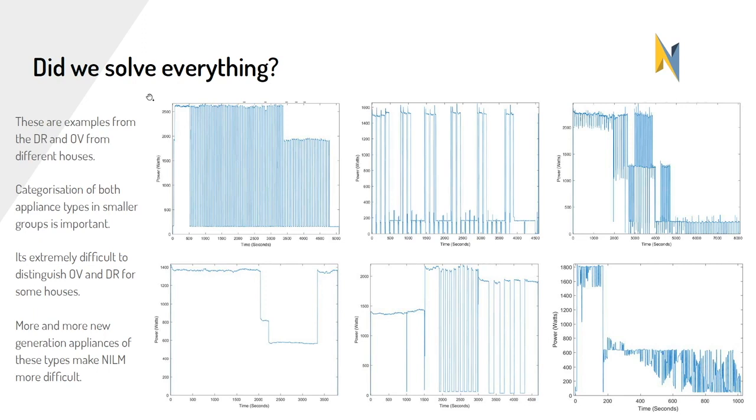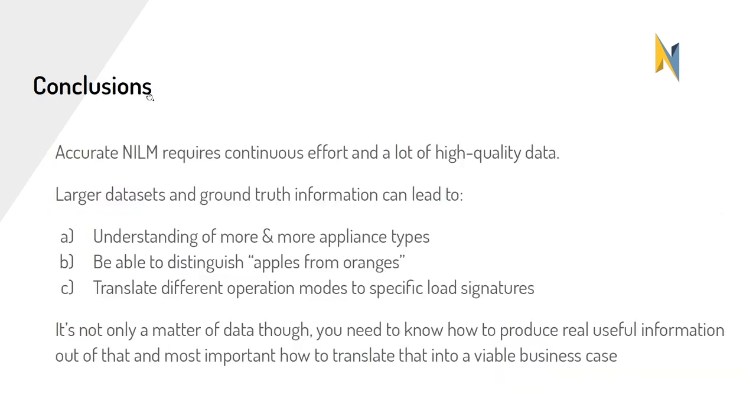For us, the middle one in the last 3 graphs looks like an oven. You can see ovens that work in a totally different way, and that's what we're trying to do. We are trying to add more and more appliance types in our portfolio in order to be able to work with more and more houses and more countries around the world.